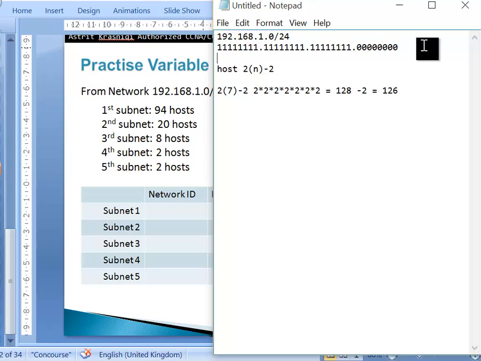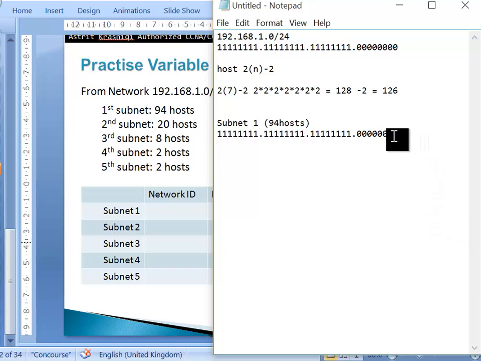So this 0 here will become 1. This is what we started with. So for subnet 1, we need 94 hosts. We need to borrow.